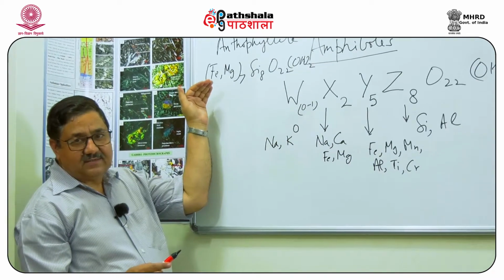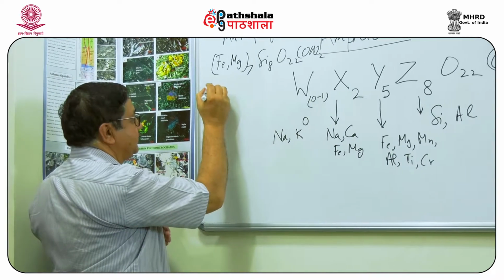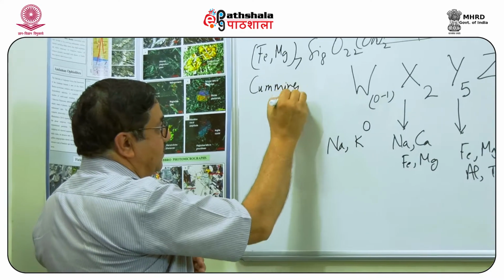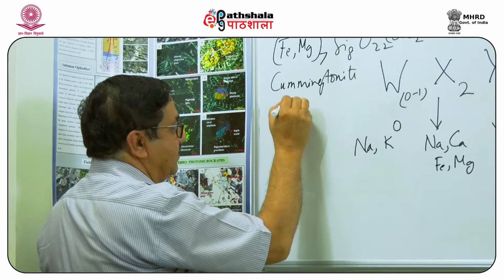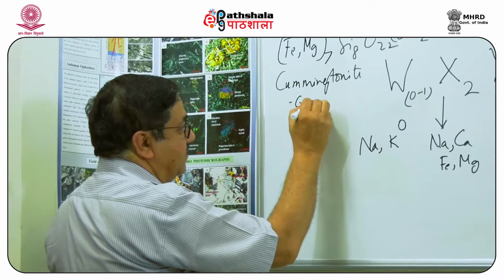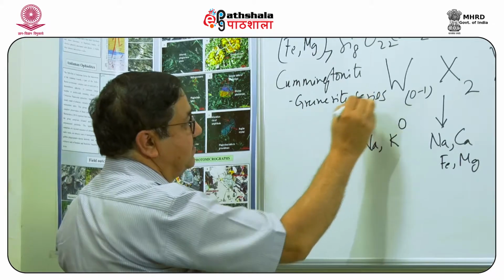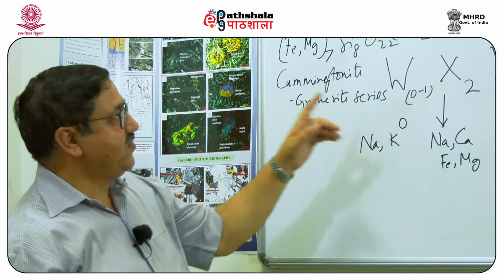The other common amphibole is cummingtonite, the grunerite series. And you see, we will derive the formula from this.